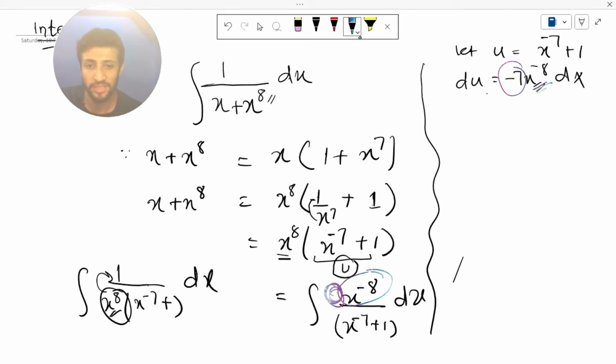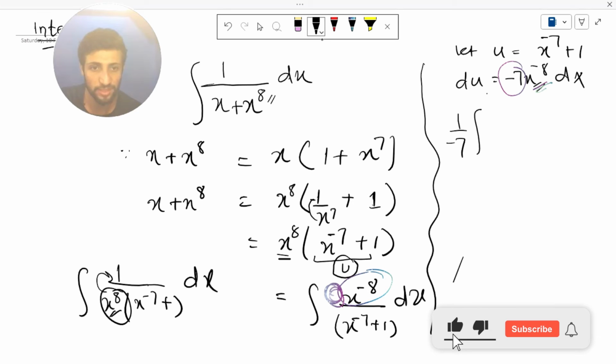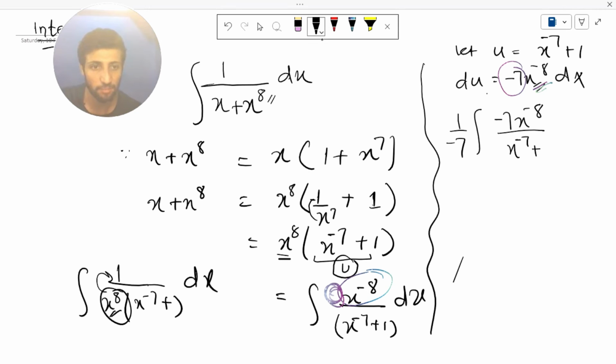So to get minus 7, I will multiply and divide by minus 7. I get minus 7 x^-8 in the numerator, and x^-7 plus 1 in the denominator, with dx.